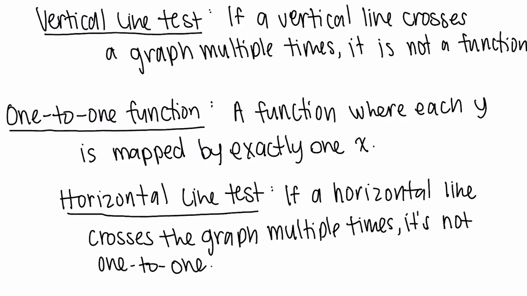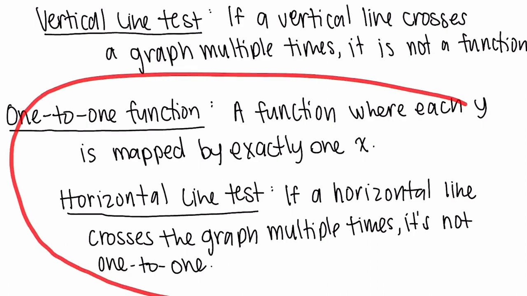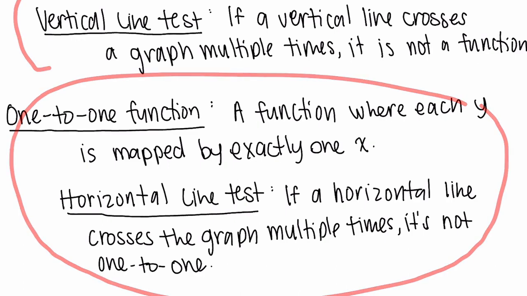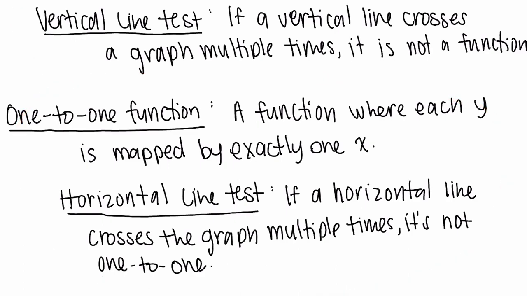However, even if something passes the horizontal line test but it's not a function, it is not a one-to-one function. Everything one-to-one has to fit all of the function requirements. So if it's not a function at all, it is not one-to-one.